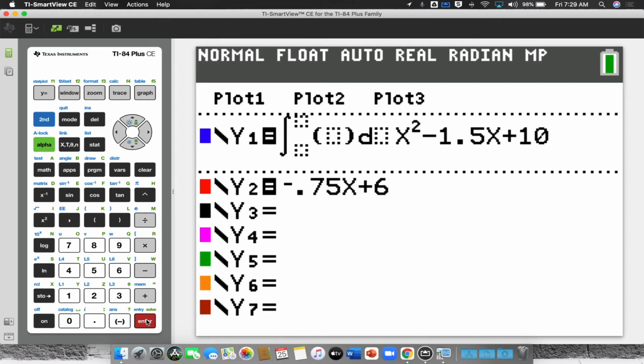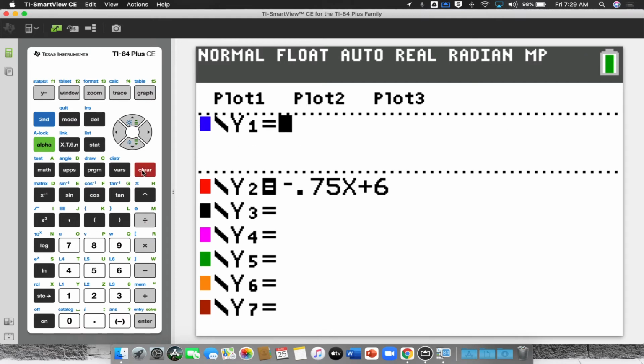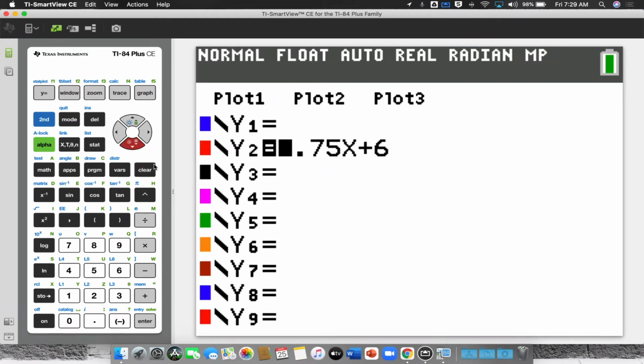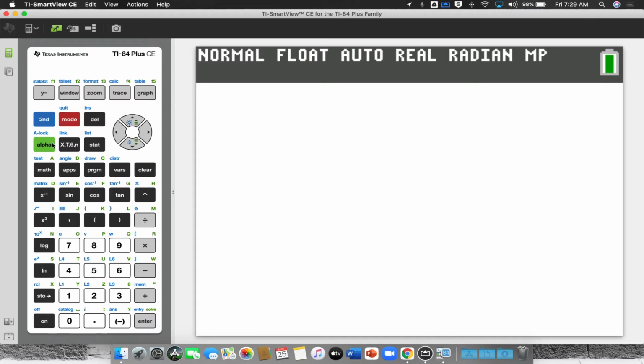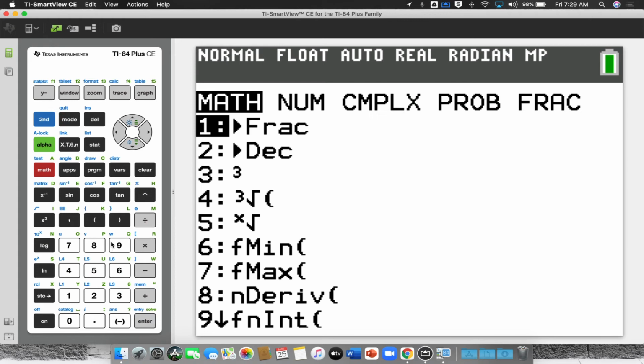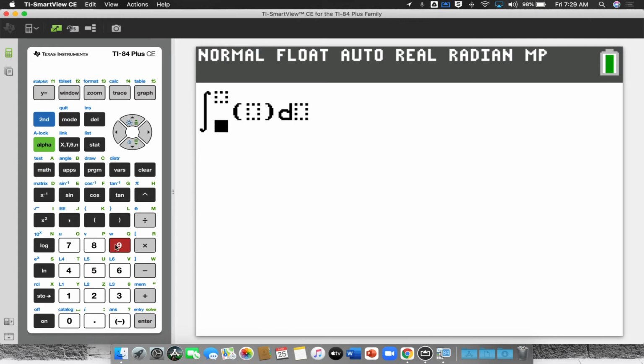So integral, oops, that's not what I want. Math, integral. So I want 1.660, 2.5, the top. The first one is the line.